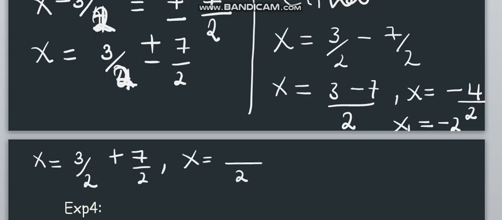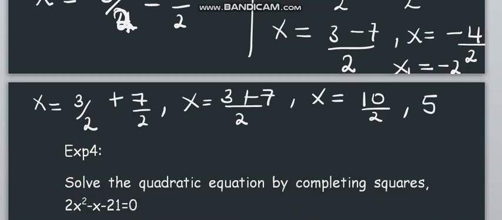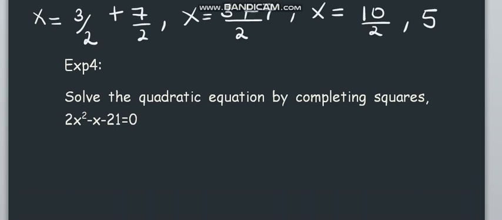Is that okay? 2 divided by 2, that is 1, times 3, we have 3, plus 2 divided by 2, 1, times 7, we shall have 7. And if we add up, we shall get 10 out of 2, which is 5. Good. Hope we are following, dear students.